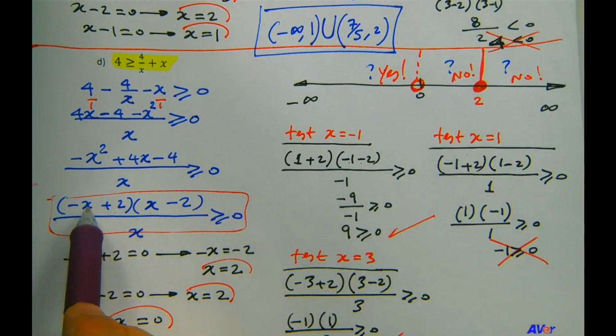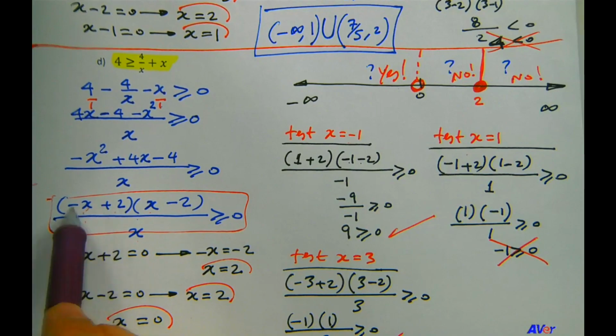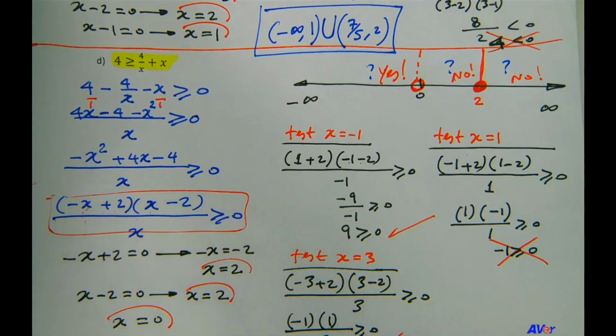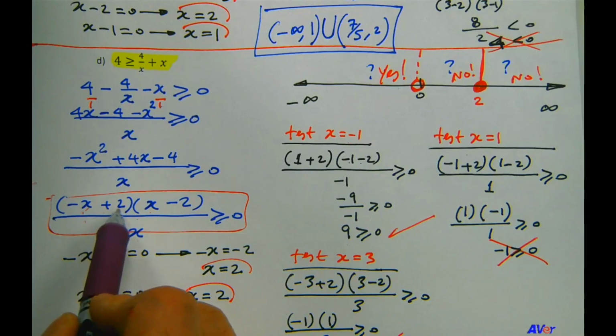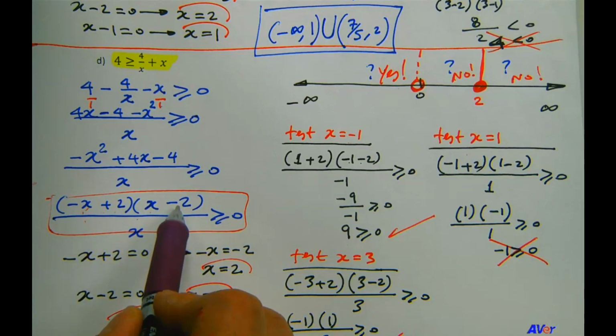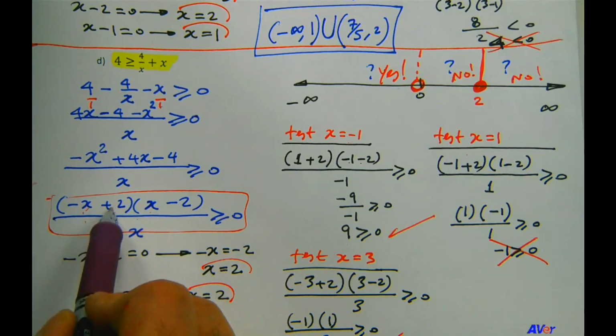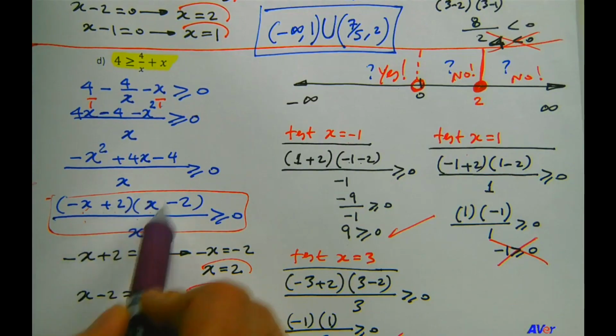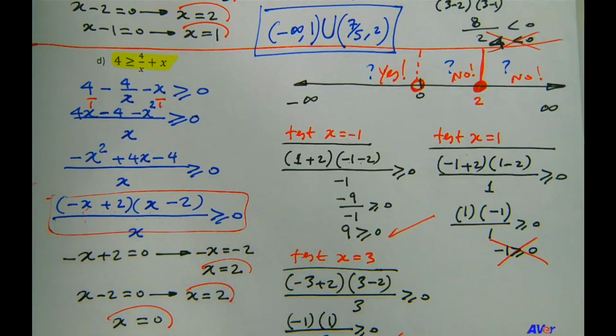Negative 1 plus 2, that would be positive 1, times positive 1 times negative 2, so positive 1 times negative 1, that would be negative 1 over 1.